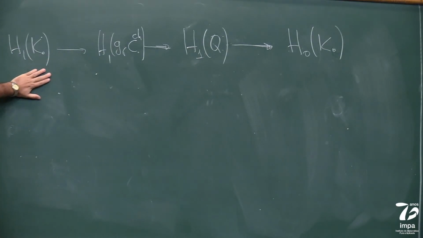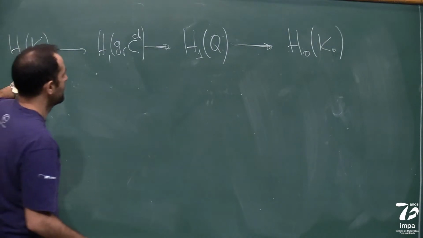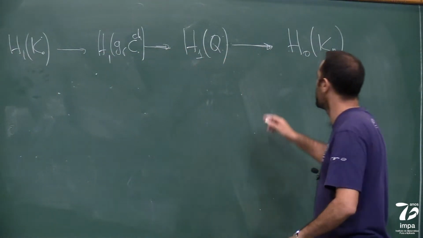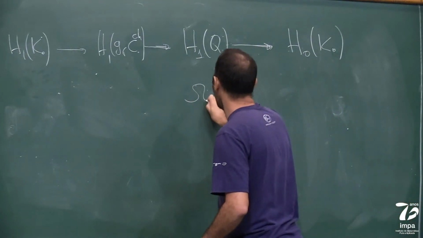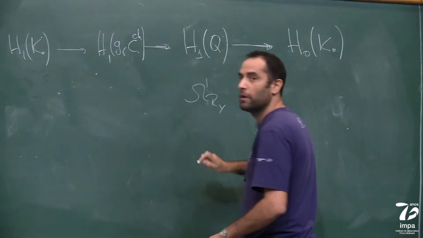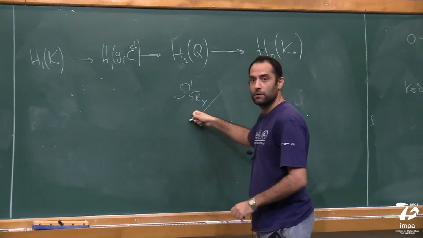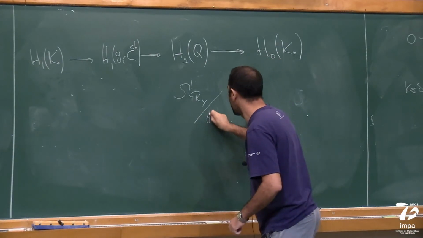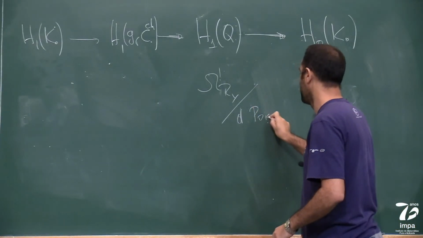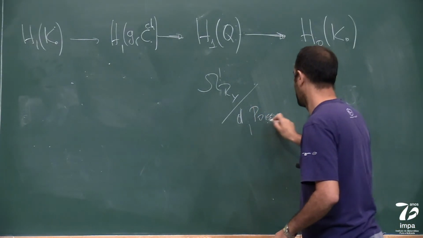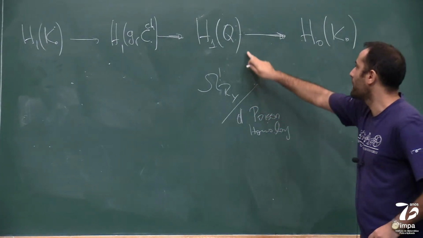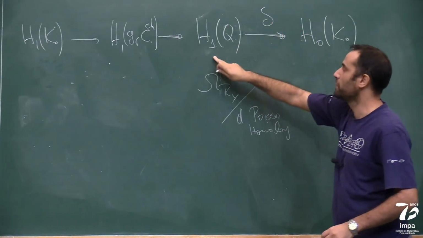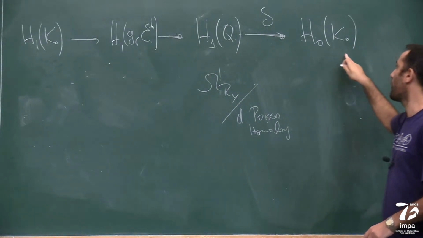For example, this is 0. The first thing to notice is that this was a quotient of omega 1 of RV, where I killed out the differential of the Poisson homology. So I only need to analyze the connecting homomorphism from H1 of Q to H0 of K.